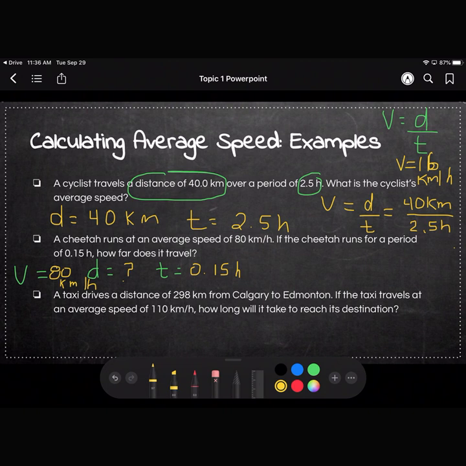So using this formula, v is equal to d over t, we plug in the pieces that we know. Our v is 80, equal to d, the distance we don't know, divided by our time, which is 0.15.